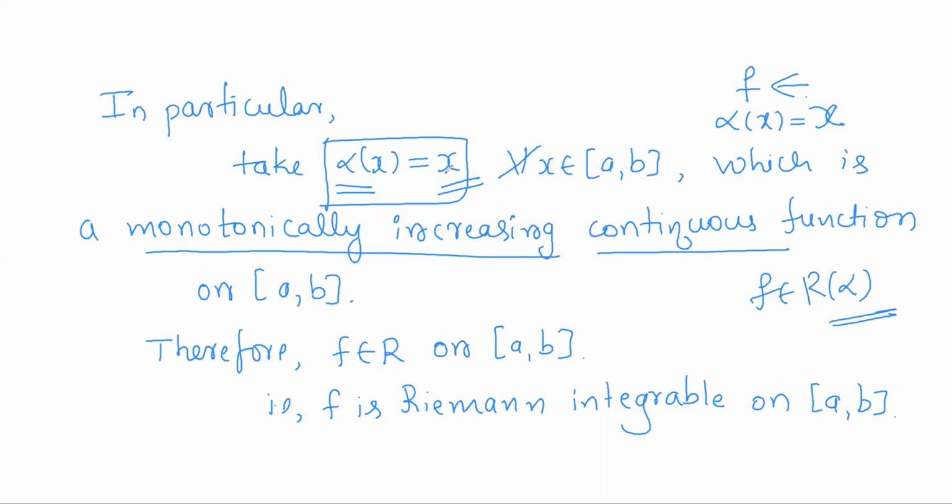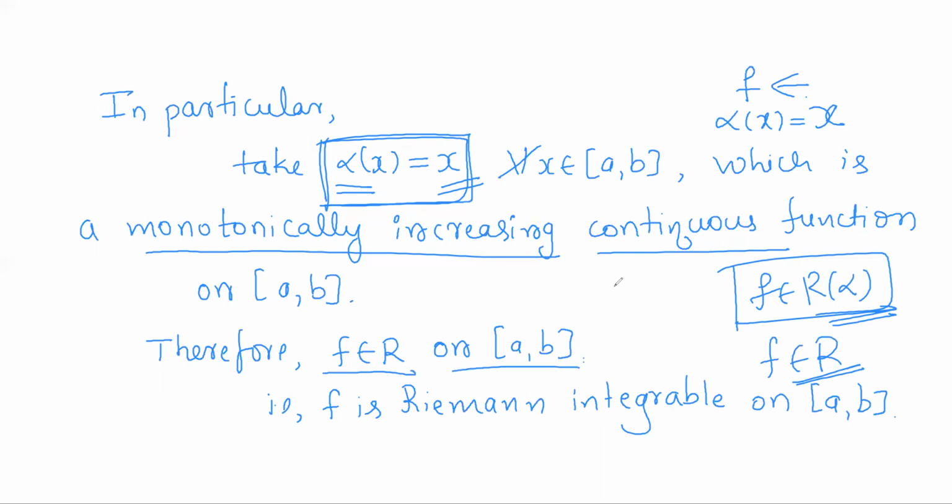But previously we observed that whenever you take the monotonically increasing function alpha as the identity function, Riemann-Stieltjes integrability coincides with Riemann integrability. So thus F will be Riemann integrable on the closed interval a comma b. So this completes the corollary. Therefore, in this theorem, we discussed the Riemann-Stieltjes integrability of a monotonic function when it is taken with a monotonically increasing continuous function.